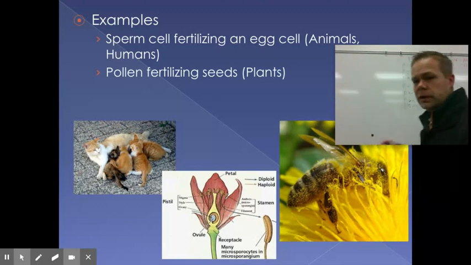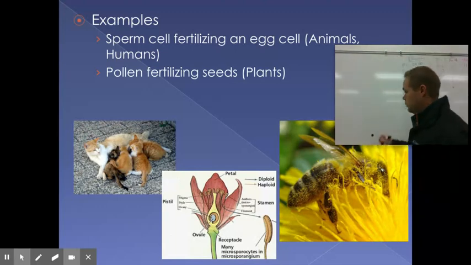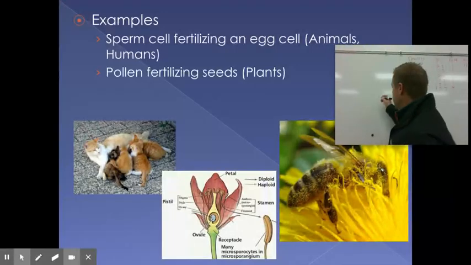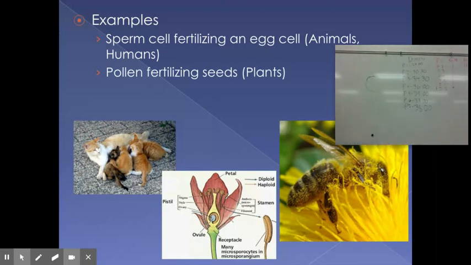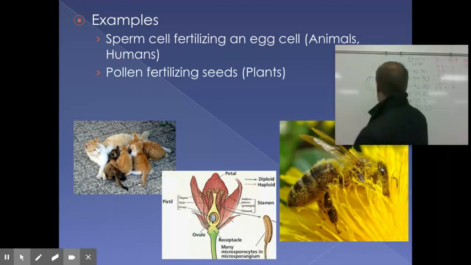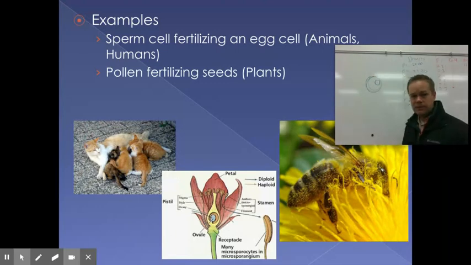Now, when you look at your cells, we know that in your body, if this is your cell, trying to find a pen that works here. If this is your cell, in your cell you have a nucleus in there, right?